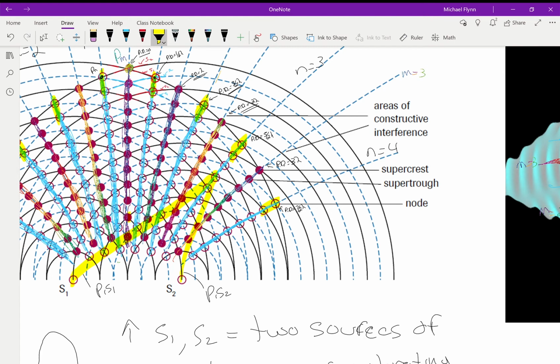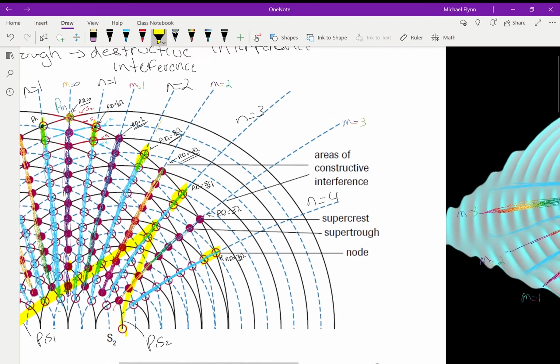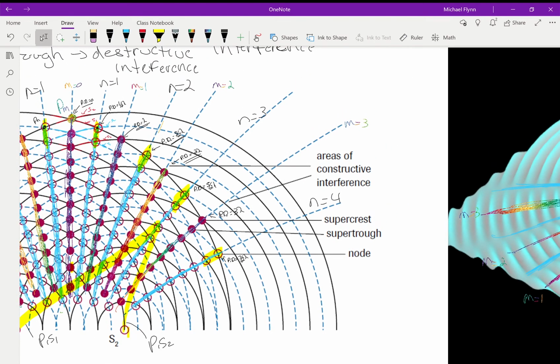If I'm a crest and I started at source 1, I will find that I'm always going to meet up with a trough from source 2, because the difference in the length of these two yellow lines is equal to, anywhere along that line, 5 halves of a wavelength, or 2.5 wavelengths. Because the 0.5 is there, I'm always going to meet up with a trough. So a crest will always meet a trough at that point.